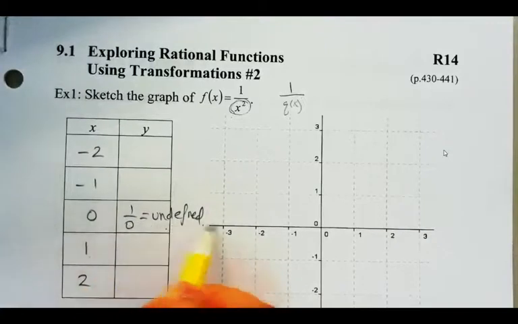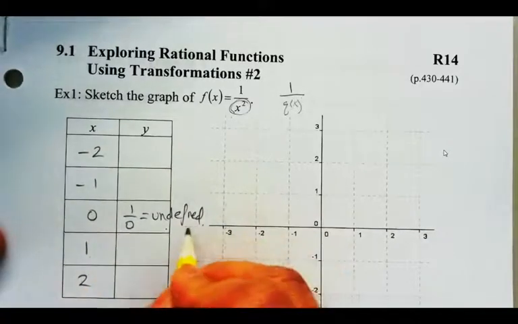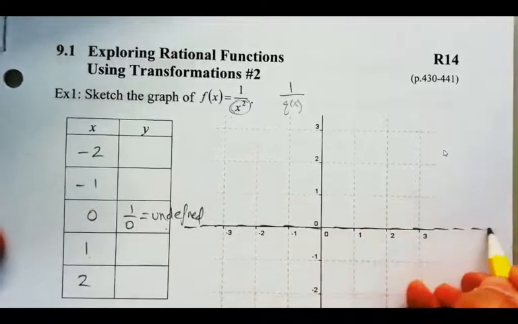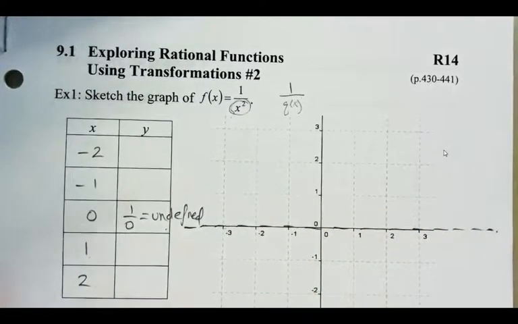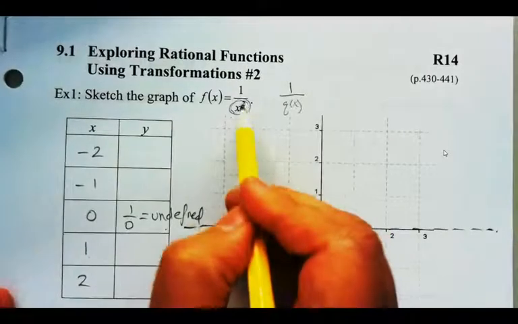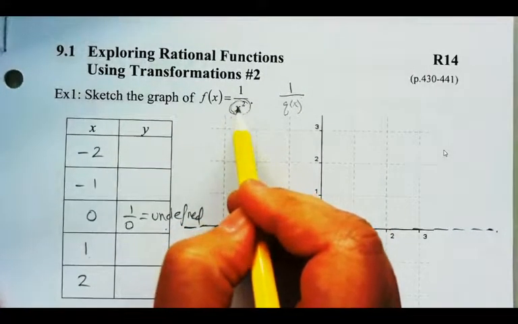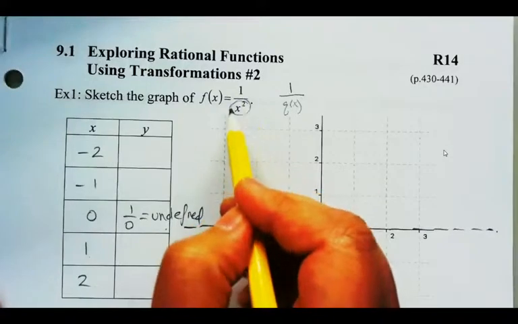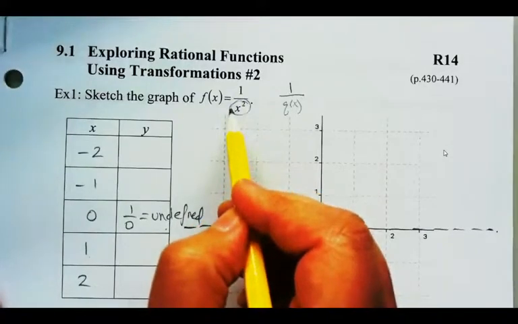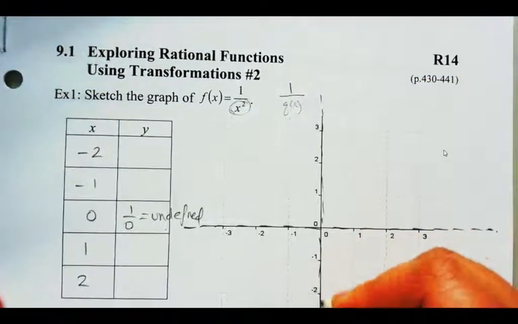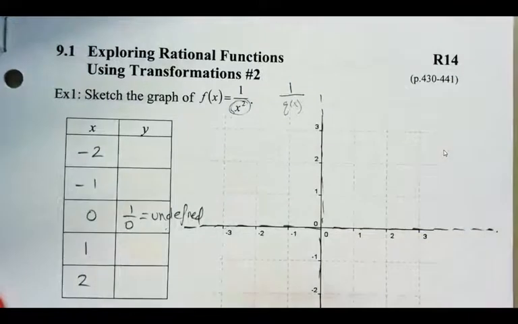How does this translate onto the graph? This is an asymptote, and it's going to be right along here. Now, since I can never make this equal 0 because this is going to be undefined, what else is going to be an asymptote? Right here. Y equals 0.